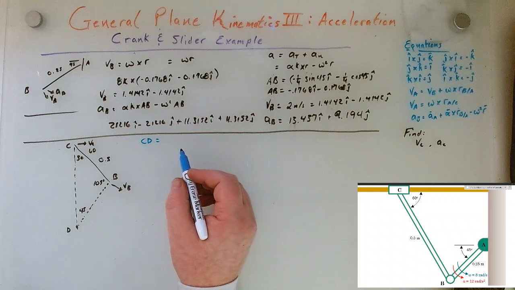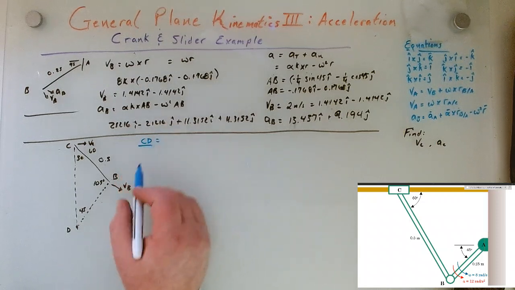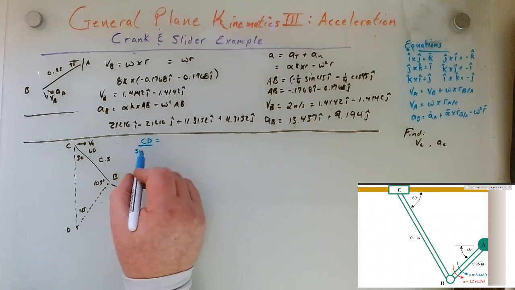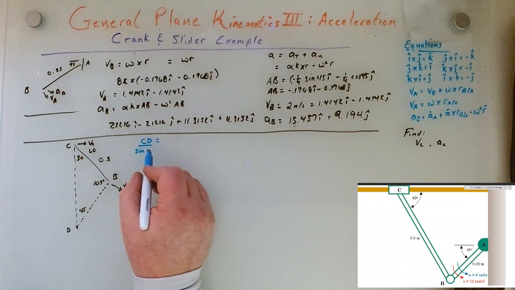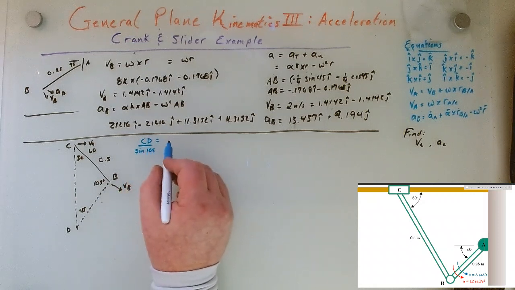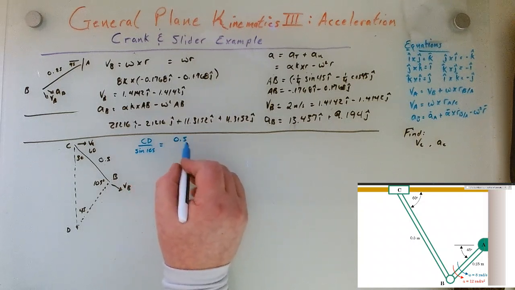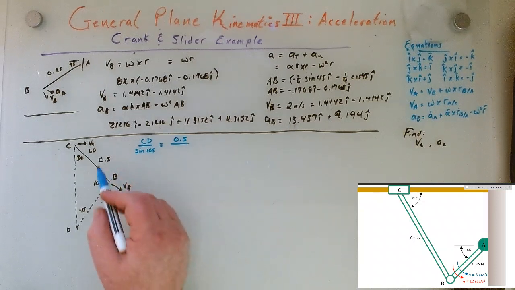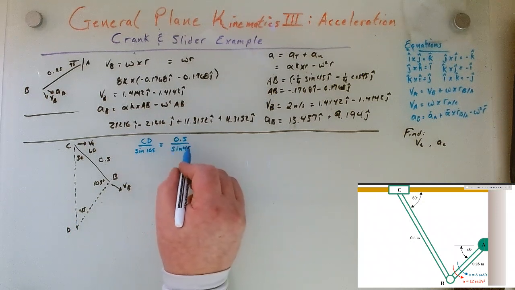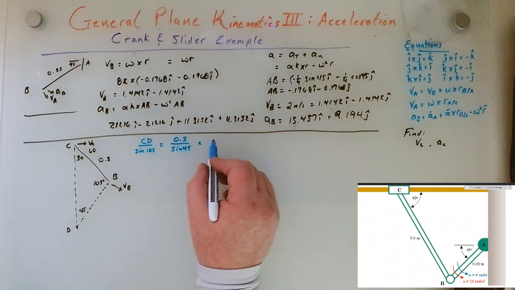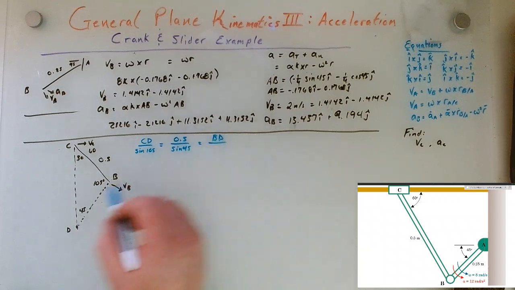CD over the sine of the opposite angle, 105, is equal to 0.5 over the sine of 45, is equal to BD over the sine of 30.